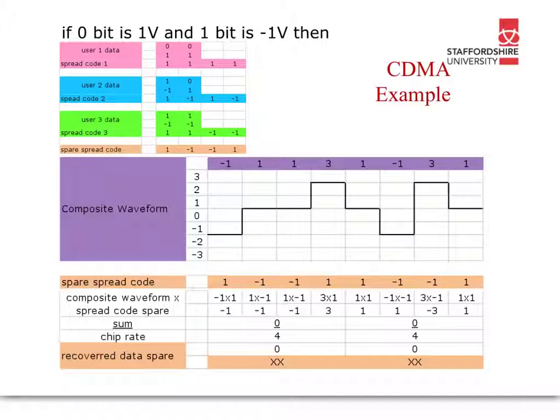So minus 1 minus 1 minus 1 is minus 3, and then we get plus 3, so that is 0. In each case we get zeros out, so nothing was transmitted. The reason we get 0 here is because we used the Hadamard or orthogonal codes, and also no noise was added.